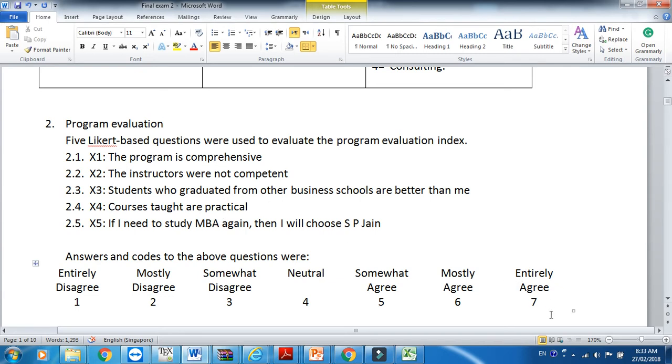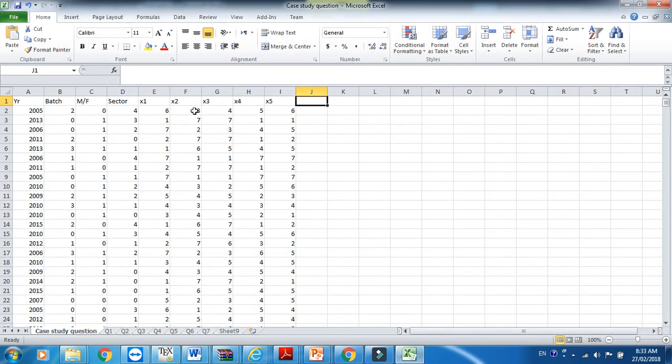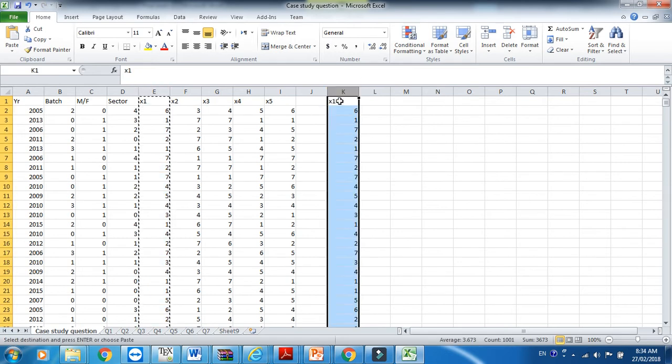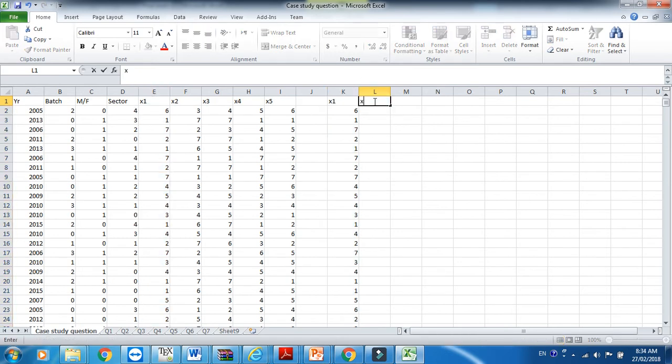Since we have a 7-point Likert scale, if I want to switch x2 and x3, I need to use 8 minus the value. So in my Excel sheet, I'll copy x1. For x2, I'm going to use 8 minus this value.